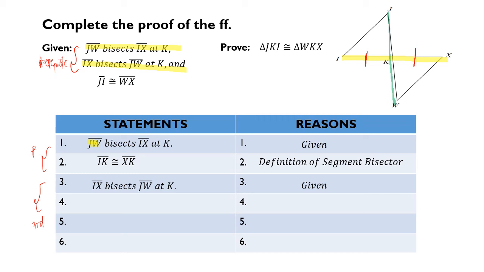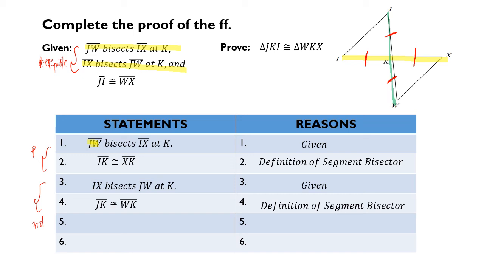If you look closer, we can say that side JK is congruent to side WK by still definition of segment bisector. If nalilito, balikan yung previous part ng video. Nandun na stated yung ano natin, definition of segment bisector.